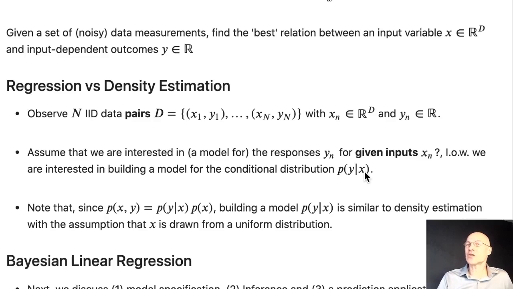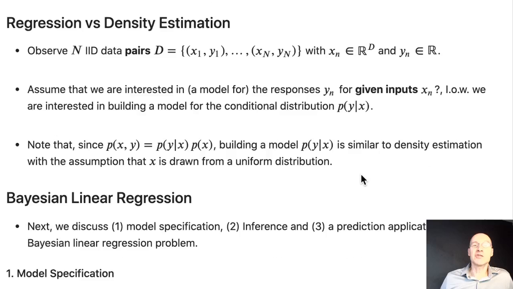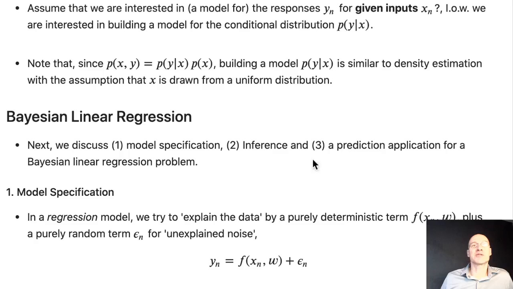As I said, that's not the only way you can phrase this regression question, because there may also be some measurement error in x, but this is by far the most common approach. So we're interested in finding the parameters for a model p of y given x. As usual in this class, we will proceed by first making a model specification, then we'll do inference, and then a prediction application.